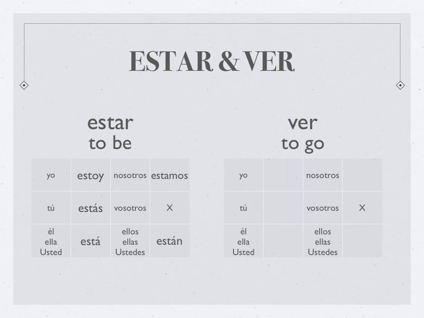And then ver is conjugated like this. Veo, tú ves, él, ella, usted ve, nosotros vemos, ellos, ellas, ustedes ven. Ver looks pretty regular because it has the same endings that most of our verbs have, but because it's such a short verb, you don't take off the ER, and the endings are a little bit different.